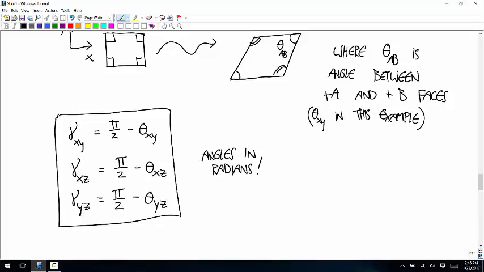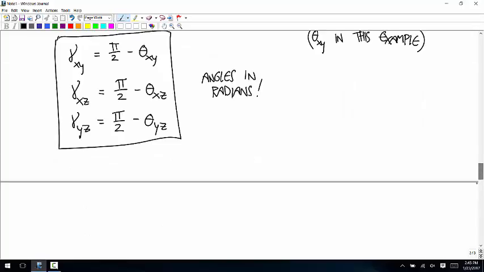So remember when we talked about normal strains, there was a physical significance to whether the strain was positive or negative. If you have a positive normal strain, it means elongation. If you have a negative normal strain, it means contraction. There's a physical meaning for this too.